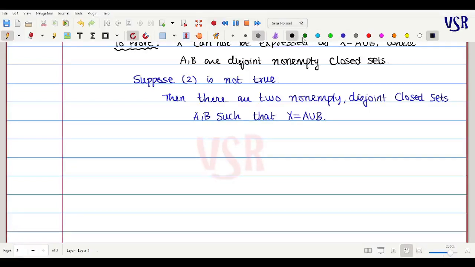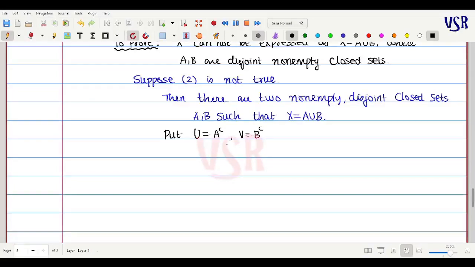Okay, put U equal to A complement and V equal to B complement. I took two sets, A complement and B complement, and called them U and V. Okay, check.